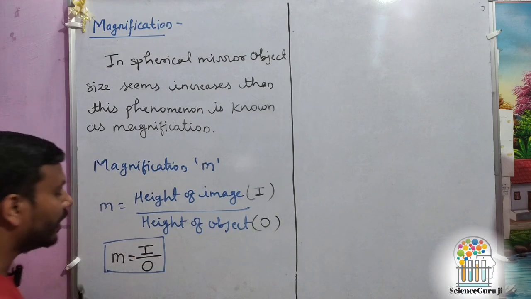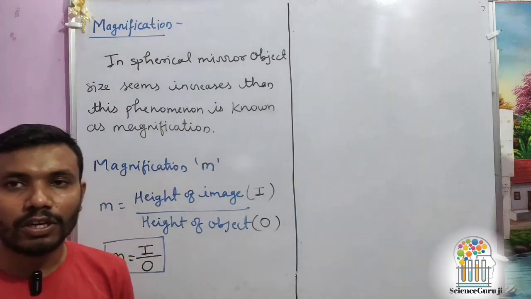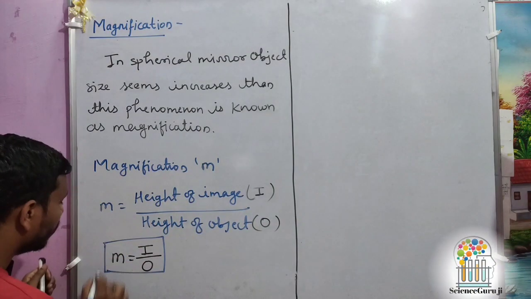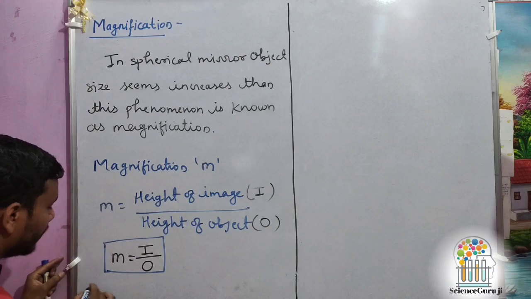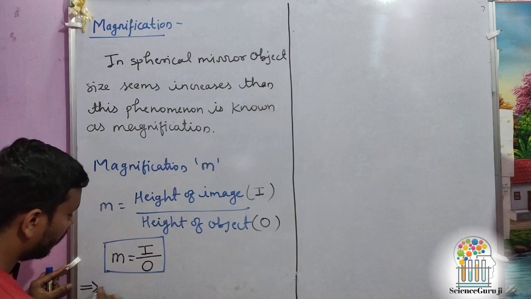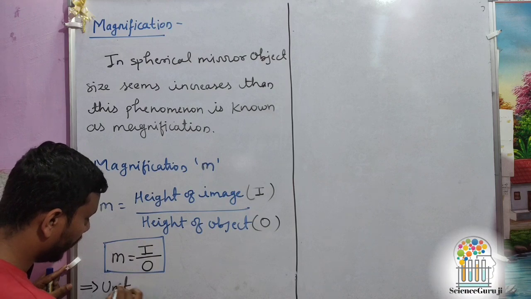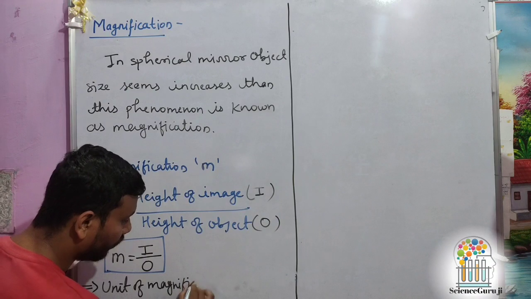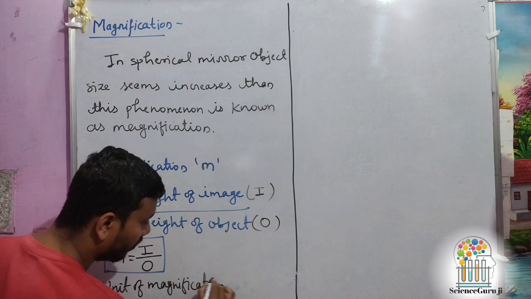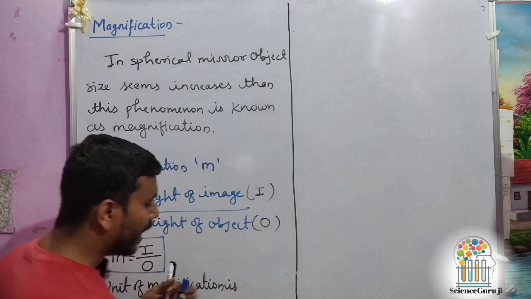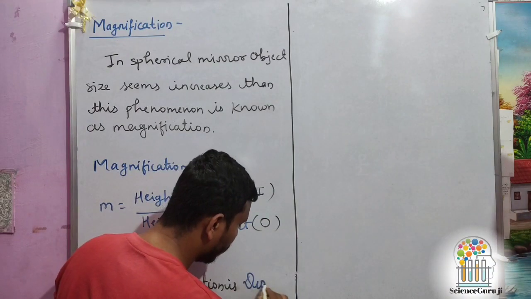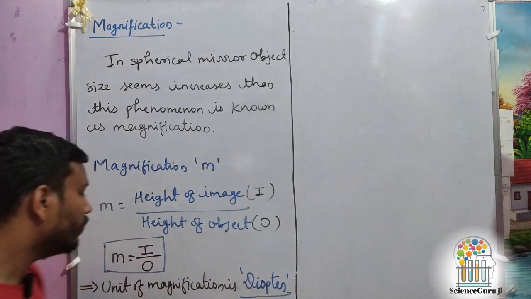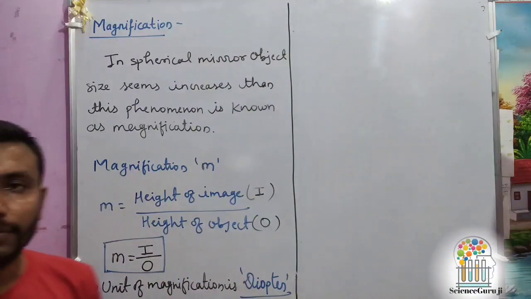By this formula we can calculate the magnification of a spherical mirror. The unit of magnification is diopter.